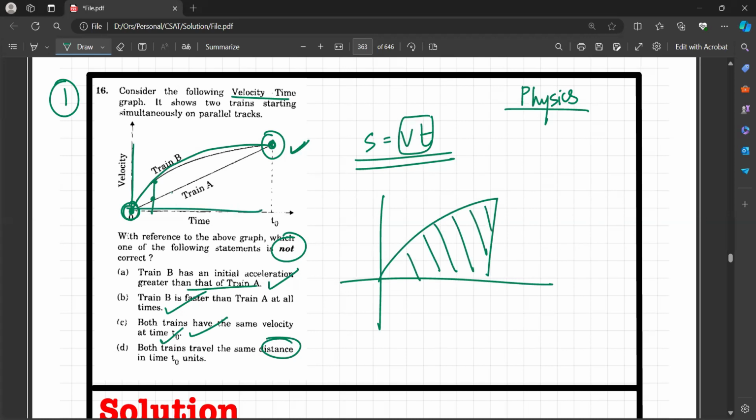So the area under the graph of train A and the area under the graph of train B are not the same. Hence they have not traveled the same distance. And obviously, if the time is t naught, both of them have different velocities. So if you calculate by the uniform velocity method, obviously both are not traveling the same distance. Got it? So the answer would be D, which is not correct.